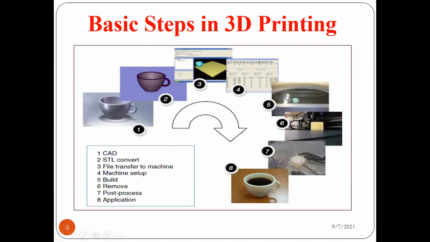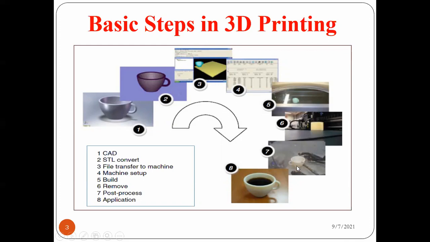Thereafter, after completing the process, we take the part out of the 3D printer. When it is printing, this model is sticking to the build plate. This is called a build plate. We remove the model from the build plate, and we remove the support structures, if any support structures are there.